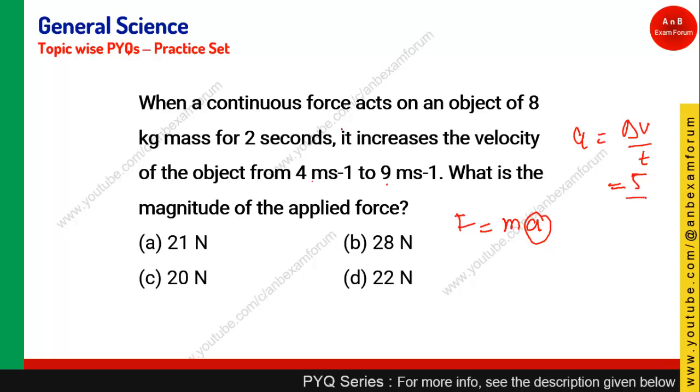Time is 2 seconds. So 5 by 2 is the acceleration. Mass is 8 kg. So 2 fours are 8, and 5 fours are 20 Newton will be the force applied in this question. Option C is the right answer.